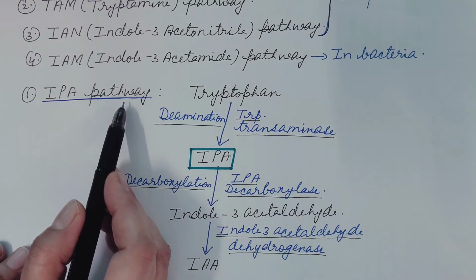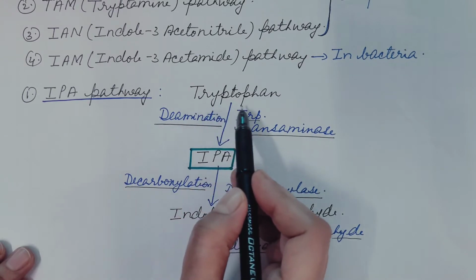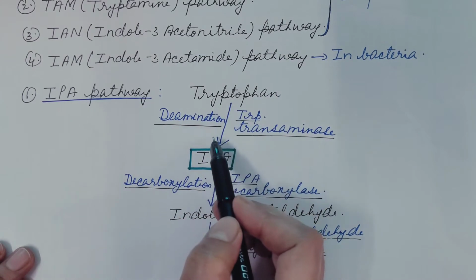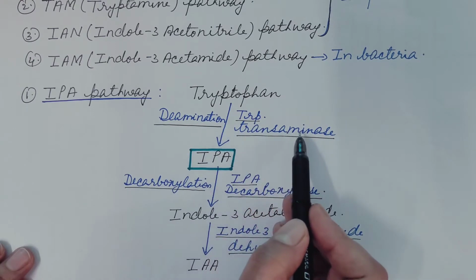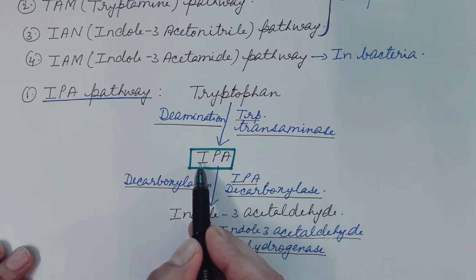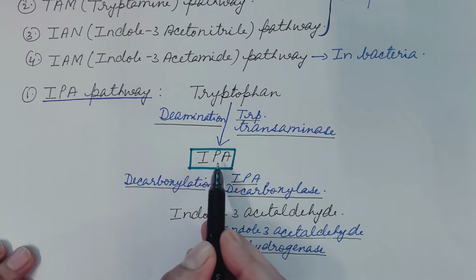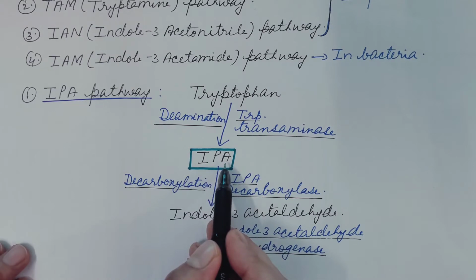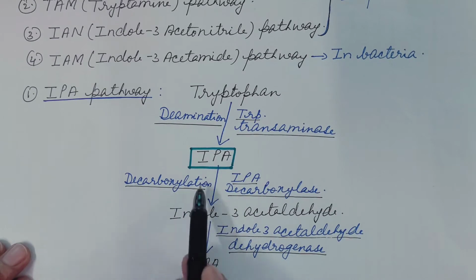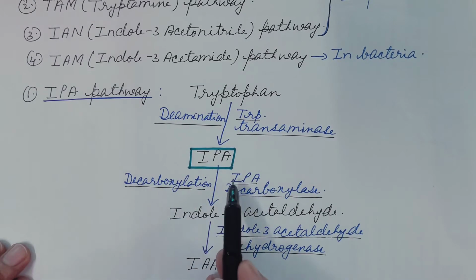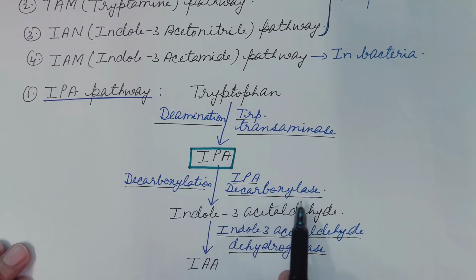First is the IPA pathway. Tryptophan undergoes deamination in the presence of the enzyme tryptophan transaminase and is converted into indole 3-pyruvic acid, that is IPA. Then this IPA undergoes decarboxylation in the presence of the enzyme IPA decarboxylase and is converted into indole 3-acetaldehyde.